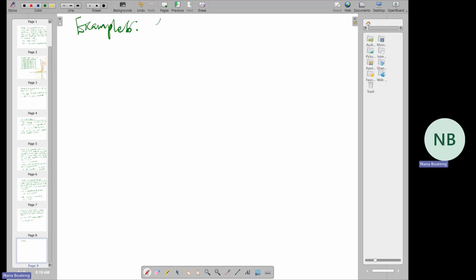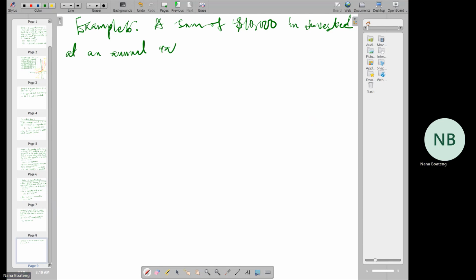It says a sum of $10,000 is invested at an annual rate of 1.08%. Find the balance in the account after 5 years, subject to continuous compounding.